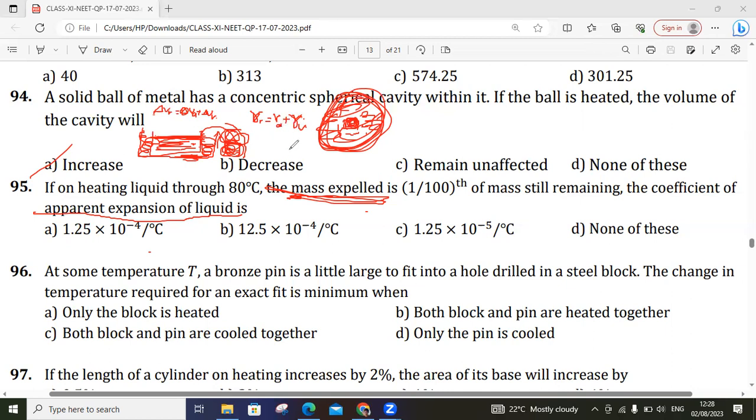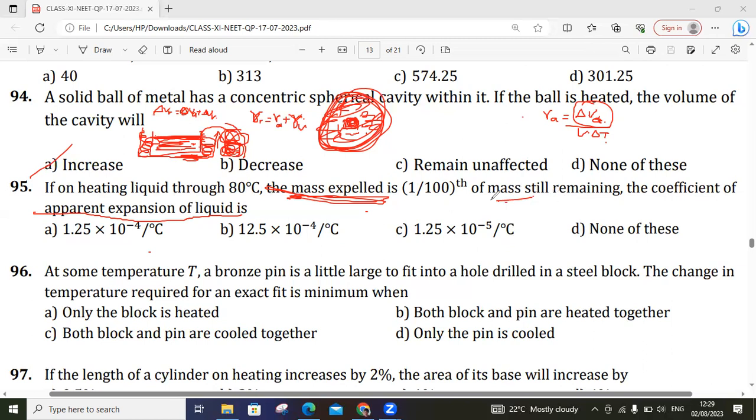So now they are asking the coefficient of apparent expansion. Coefficient of apparent expansion is equal to delta V apparent divided by V delta T. Now they have given delta M actually.